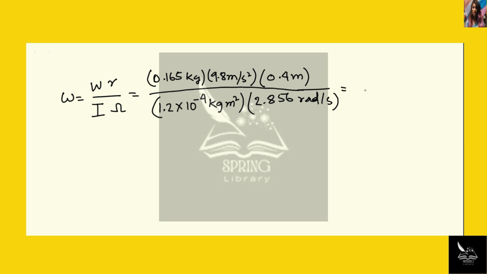And that gives us our little omega as 189 radians per second, or 1.8 times 10 to the power 3 revs per minute.